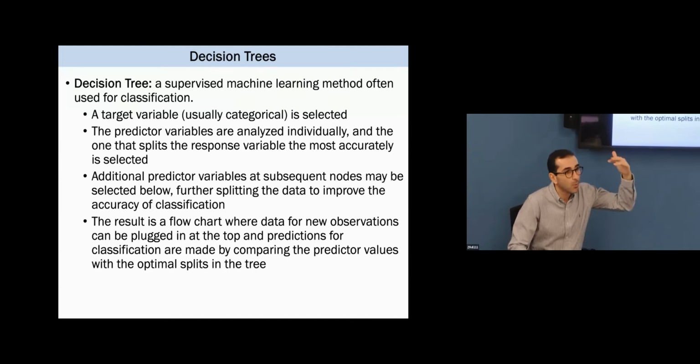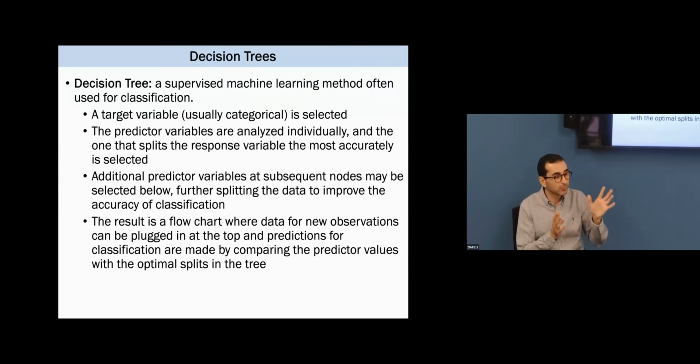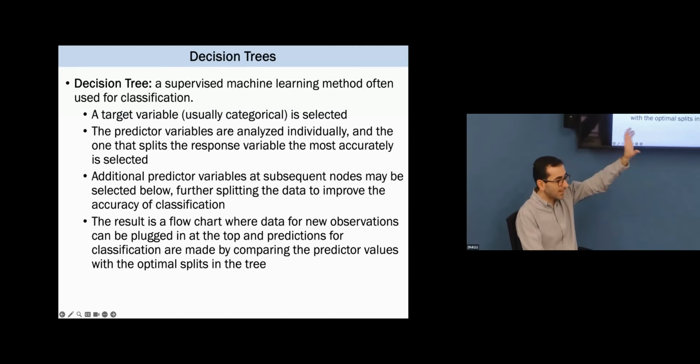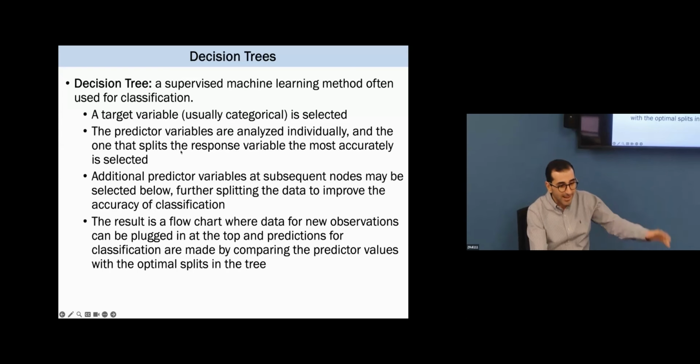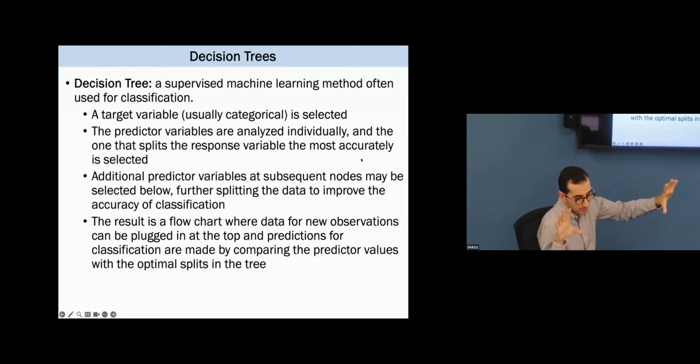And now let's see what are the steps that we follow to apply the decision tree. So first, we select a target variable, a response variable, and then the predictor variables are analyzed individually, and the one that splits the responses the most accurately is selected. So in other words, we start with the whole data set, okay? All the variables in the data set.